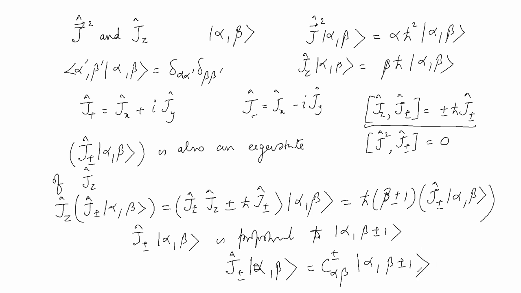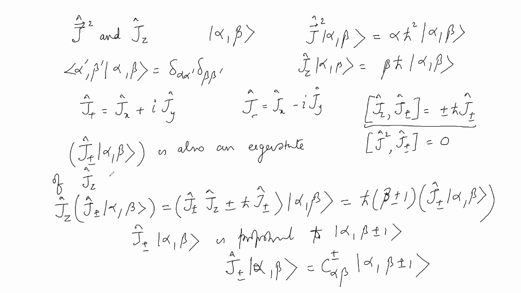The value of beta is raised by 1 unit when we operate by J plus, and lowered by 1 unit when we operate by J minus.